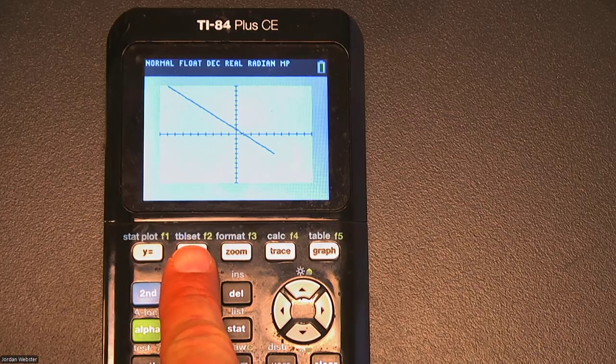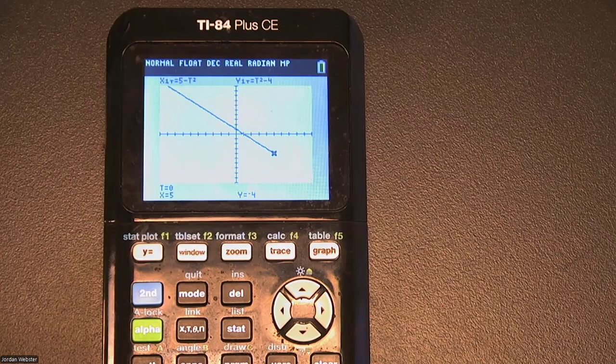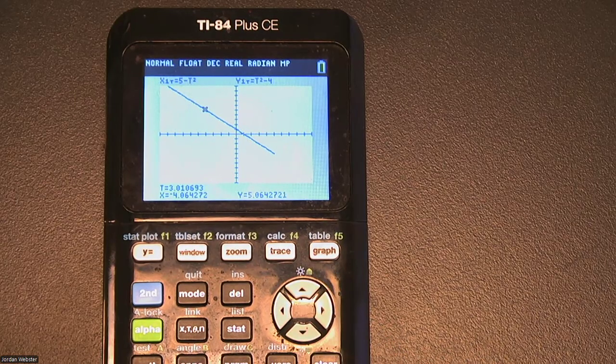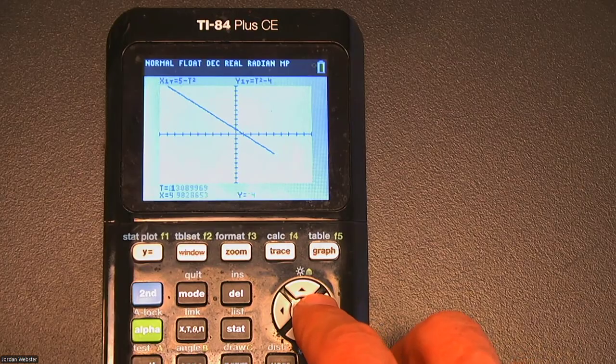Now, here's where the trick is. Let's put trace. At t of 0, I start right there. As I increase my value of t, we're moving up and to the left as t increases. You guys see that? So if you start at 0 as your t value, you move up and to the left.